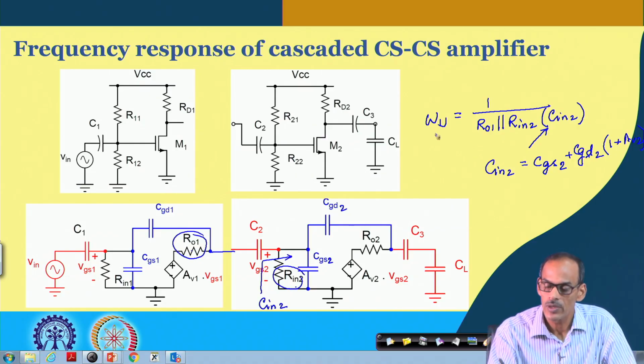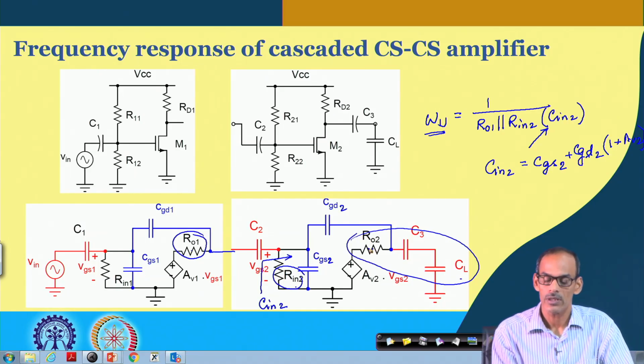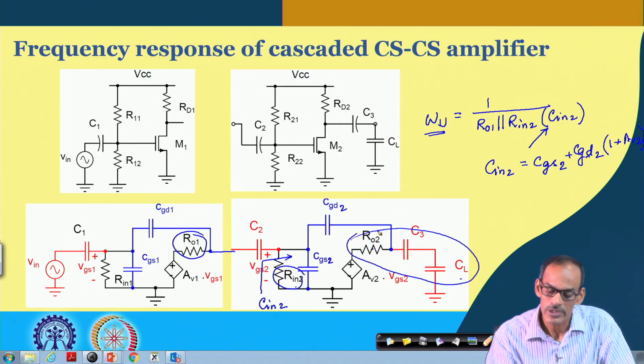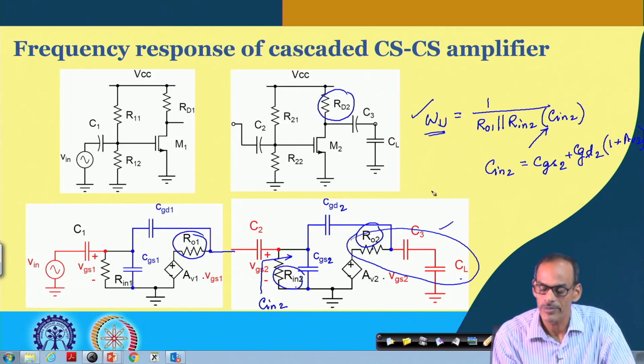So that is the new candidate, and of course, we have to consider the original upper cutoff frequency defined by CL and the output resistance of the second stage. By the way, this resistance is nothing but this RD2. So if I consider these two candidates, one is this one, another is coming from this one, I have to consider the minimum of the two.